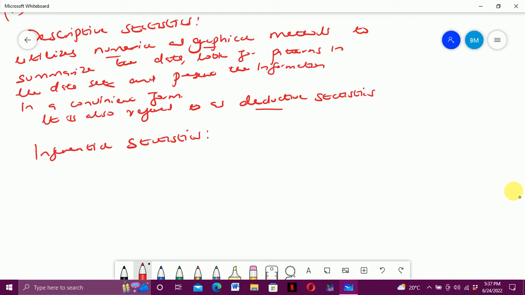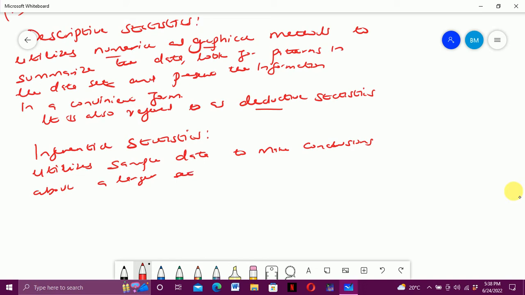What is inferential statistics? It's that branch of statistics that utilizes sample data to make conclusions or generalizations about a larger set of data. We are going to be defining a sample.